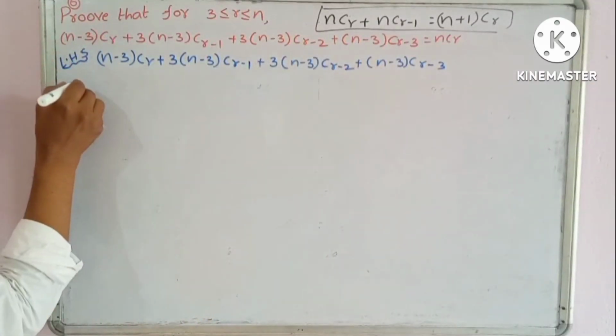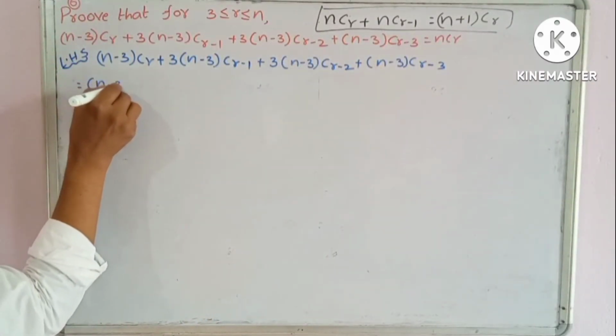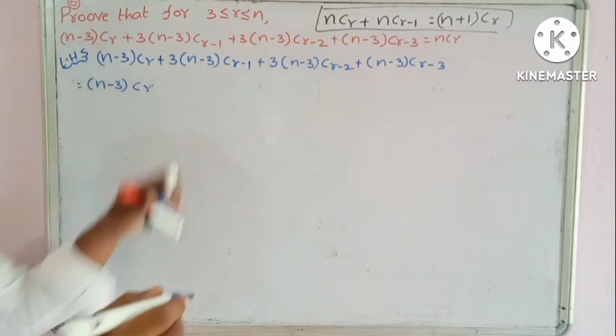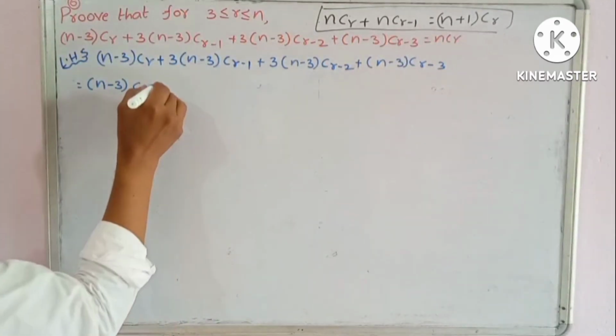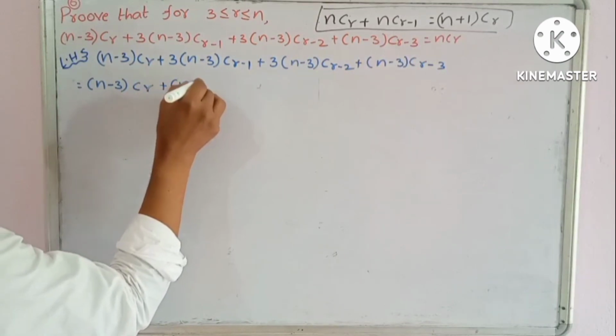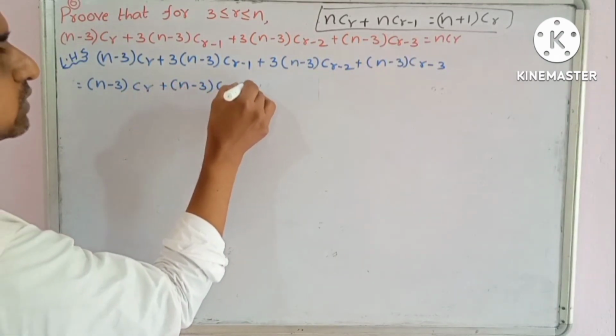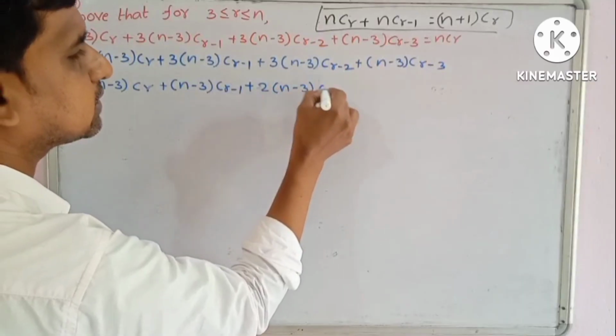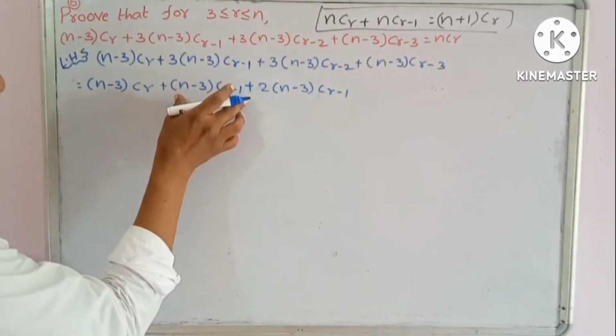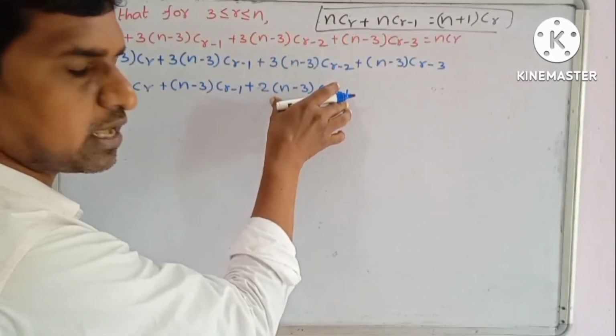See (n minus 3)Cr. So 3 into (n minus 3)C(r minus 1) splits into two parts: (n minus 3)C(r minus 1) plus 2 into (n minus 3)C(r minus 1).